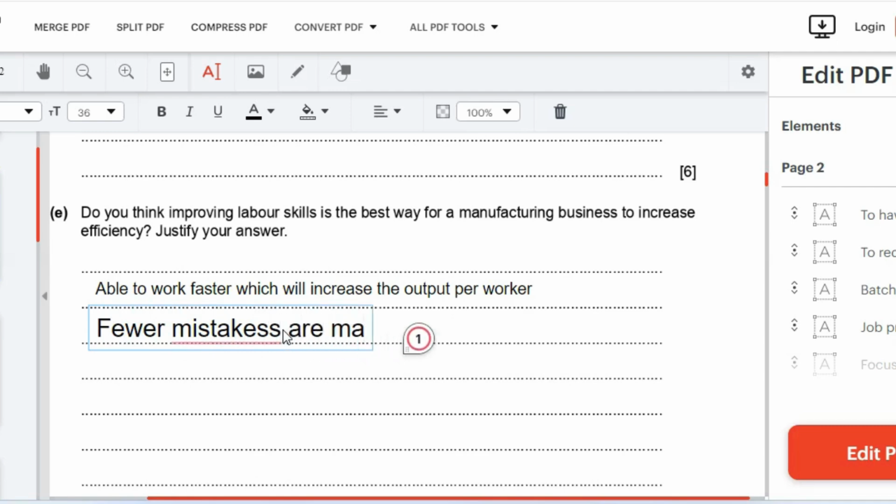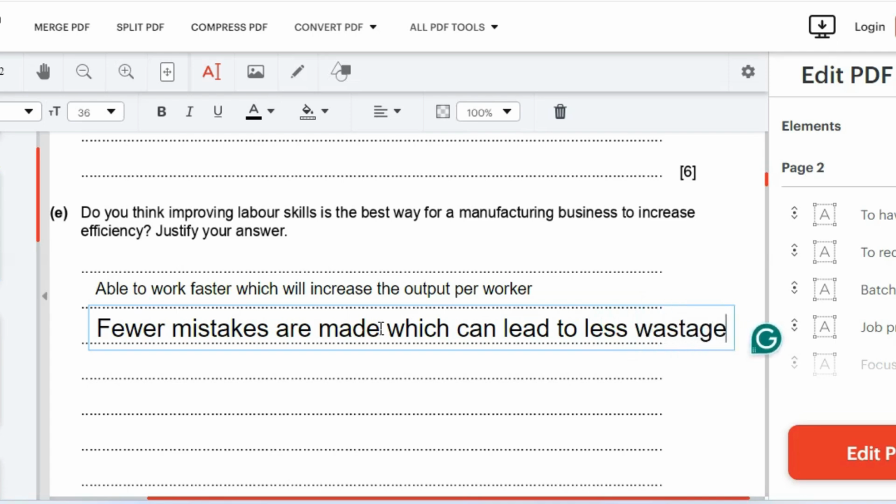Fewer mistakes are made, which can lead to less wastage or rework.